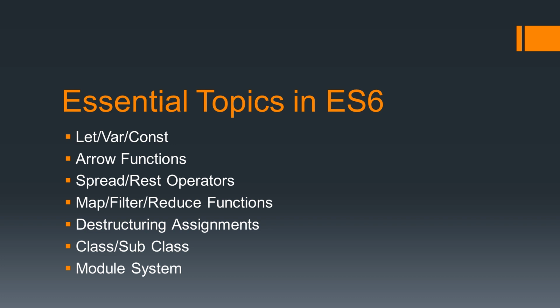Template literals. Template literals or template strings are pretty cool. We don't have to use the plus operator to concatenate strings or when we want to use a variable inside a string. Map function or filter function. Classes or subclasses. Classes are the core of object-oriented programming, OOP.